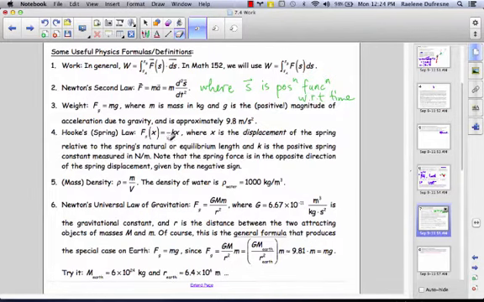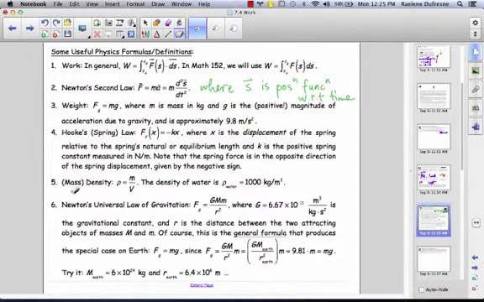As a result, we have a negative sign in the formula relating the spring force and the displacement x. We also have a constant here, k, which is called the spring constant. It's a positive quantity and it's measured in Newtons per meter. And make sure that we are referring to x measured from the natural or equilibrium length of the spring.